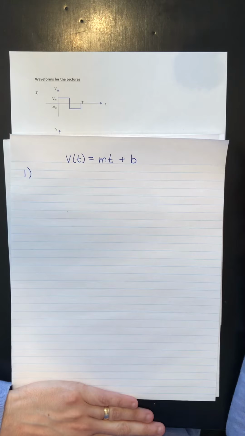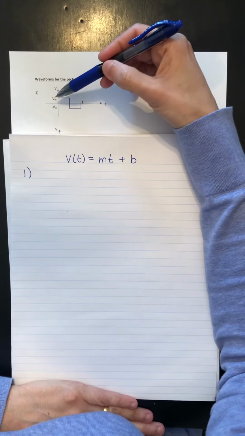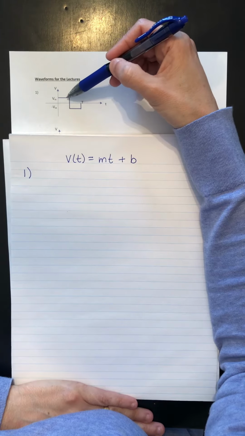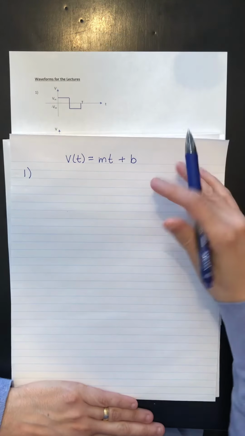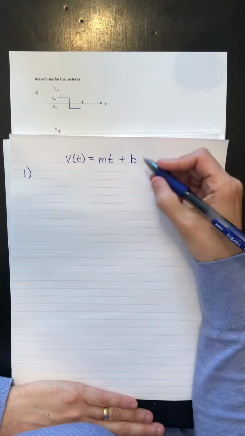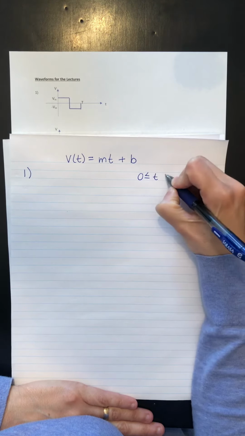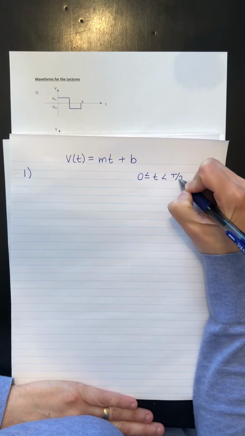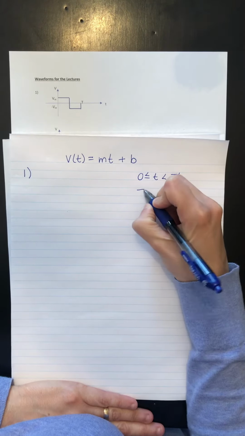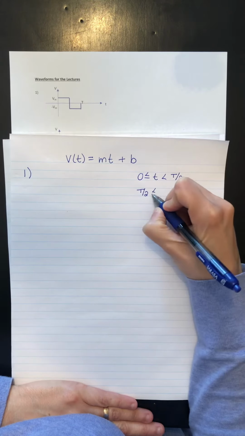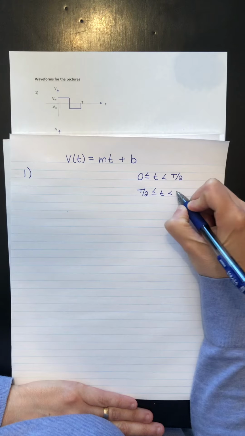This, of course, is a square wave. Now, this means we're going to be breaking up our time domain into 2 pieces. So we're going to be considering one straight line for the first half cycle, and then a second straight line for the second half cycle.